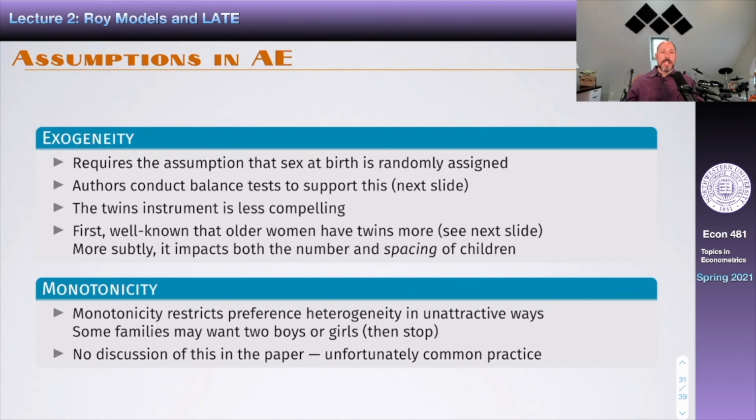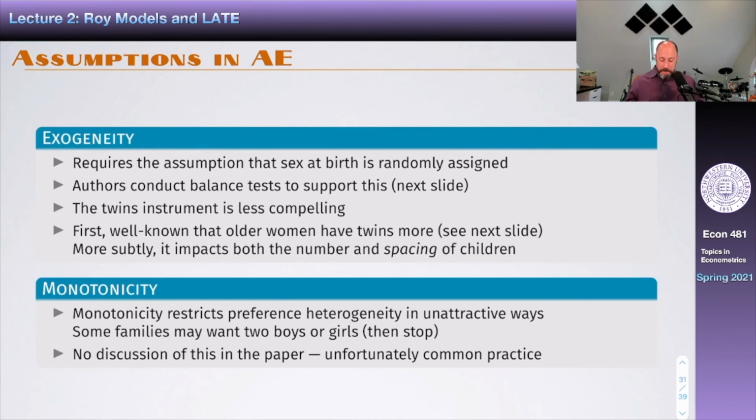Also, it impacts both the number and spacing of children. If you don't have children, you may not know, but having 2 babies in the house is not the same as having 1 for sure, and then 2 sequentially. I wouldn't have been happy probably with 2 simultaneously.